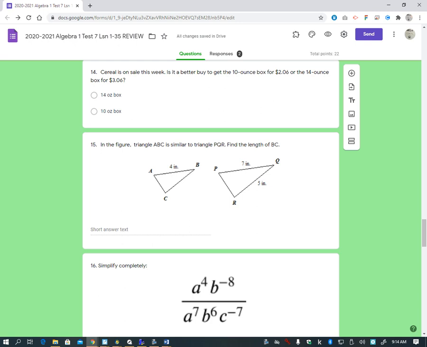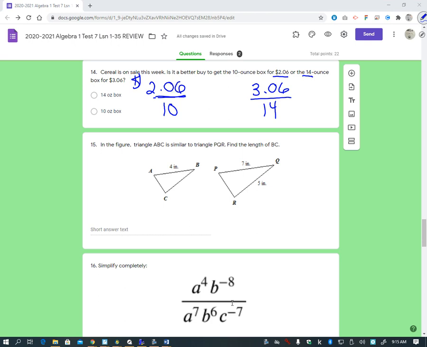All right, so what we want to find out is the dollars per ounce. So $2.06 divided by 10 ounces, versus $3.06 per 14 ounces. Okay, we want to reduce that. What is 2.06 divided by 10?